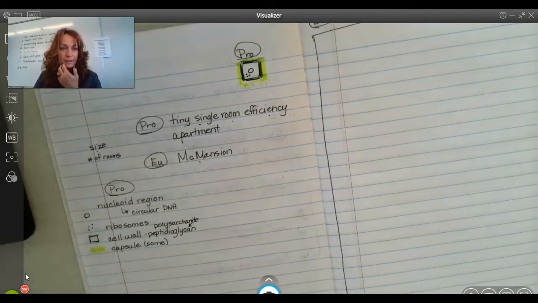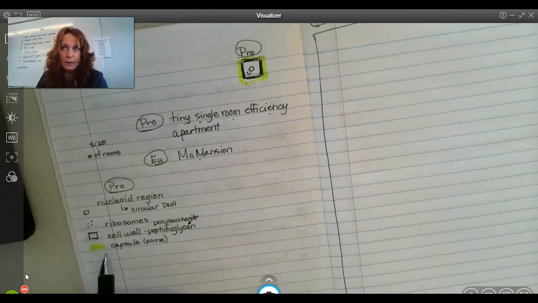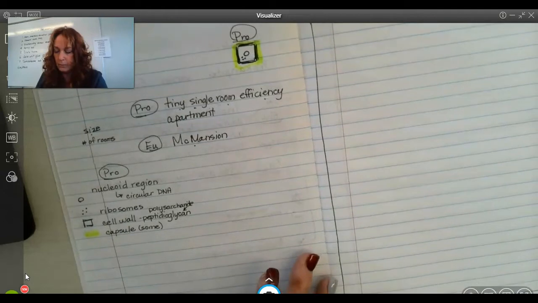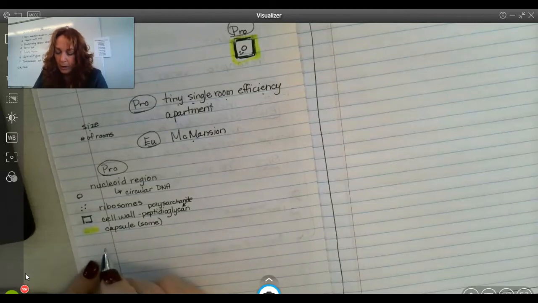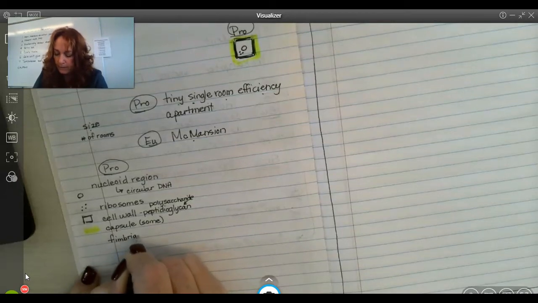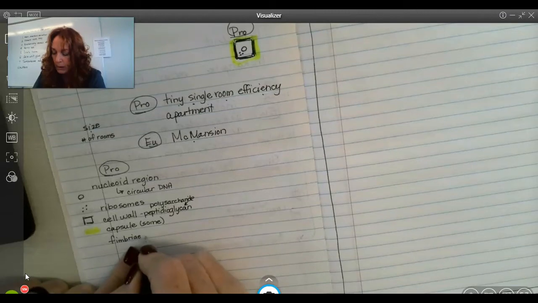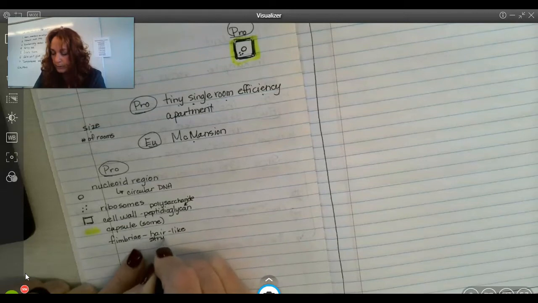Some of them have it, some of them don't. And we'll go into what all this stuff is when we get to their structure. Right now we're just comparing them. They also have, they call them two different things, they're called fimbria. That's the plural. They're just little hair-like structures.